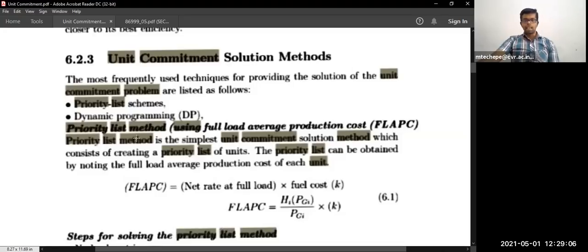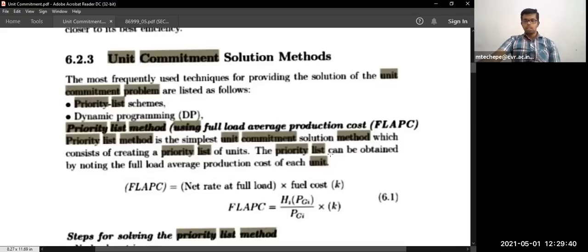The priority list method is the simplest unit commitment solution method, which consists of creating a priority list of units. So what we are doing is framing the priority list. The priority list can be obtained from the full load average production cost, that is FLAPC, of each unit.